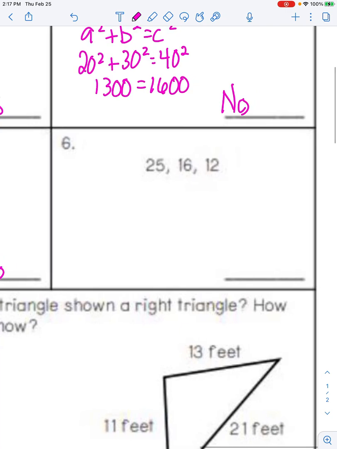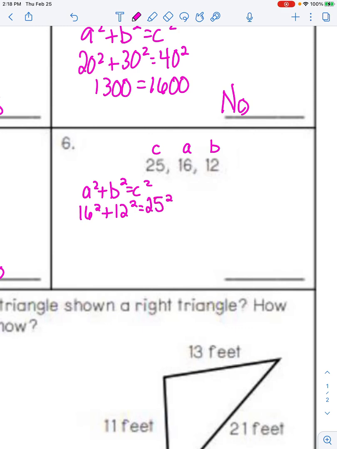Now take a look at number 6. I have 25, 16, and 12. So 25 is my biggest number. That has to be my C, or my hypotenuse. And I'm going to make A 16 and B 12. Write your formula, a squared plus b squared equals c squared. A we said is 16 squared plus b we said is 12 squared equals 25 squared.